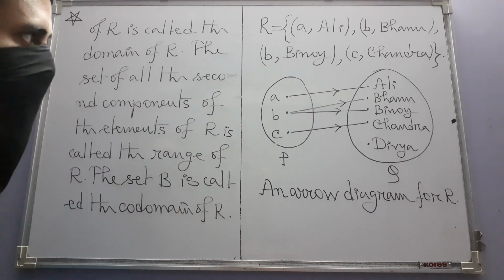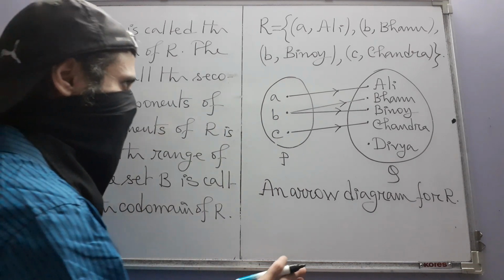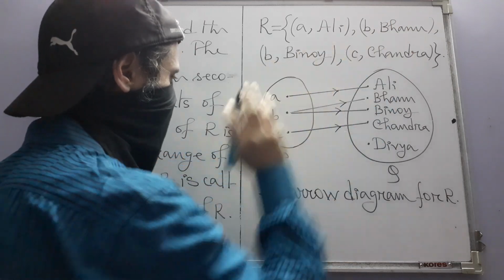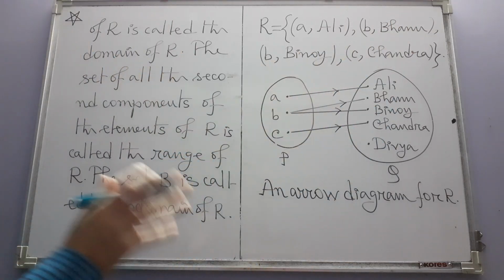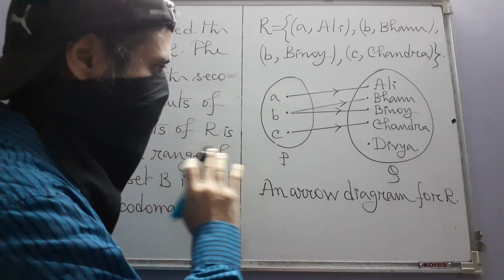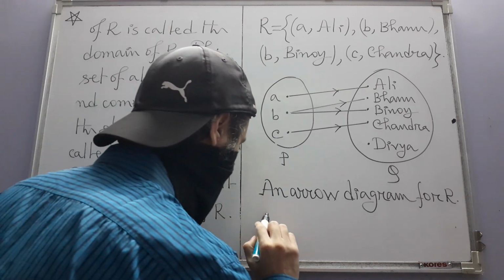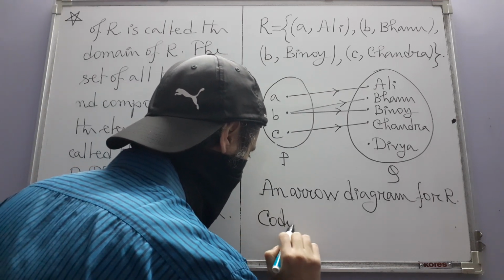Looking at this diagram, you can immediately see what's going on. Of course, you can also see the set R above, but this is another way of expressing the same information.